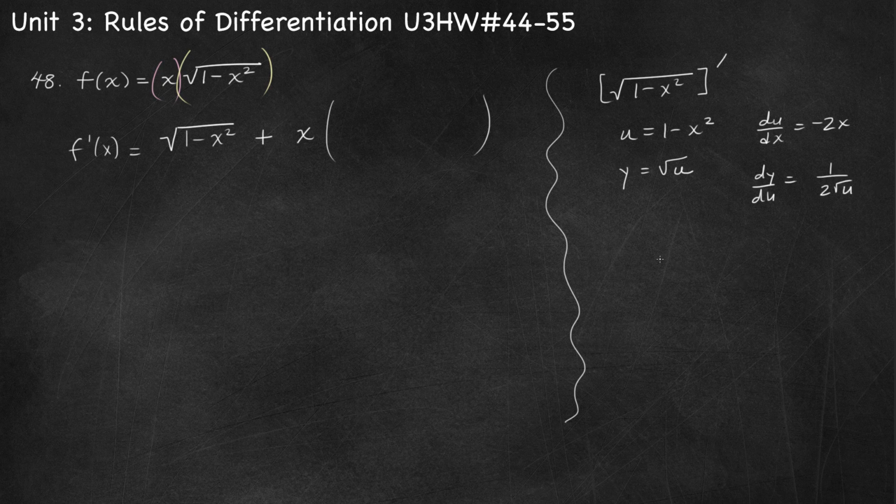And when I multiply them together, I get negative 2x over 2 times the square root of u, which is 1 minus x squared. And my 2's cancel out, so I get negative x over square root 1 minus x squared. That's the derivative of the square root of 1 minus x squared. So that's what goes here.